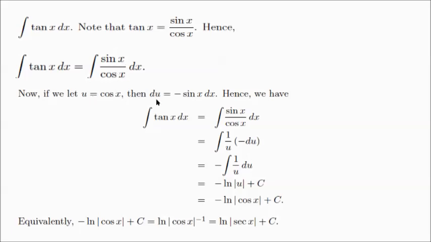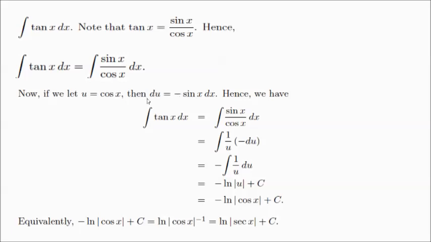And then yung du niya is, derivative nito is negative sine x dx. Which is nandito naman. So kapag inayos to, so magiging 1 over u, and then since sine x dx yung nandito, so magiging negative du.